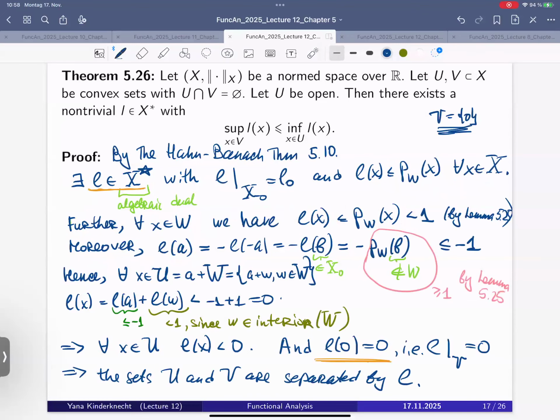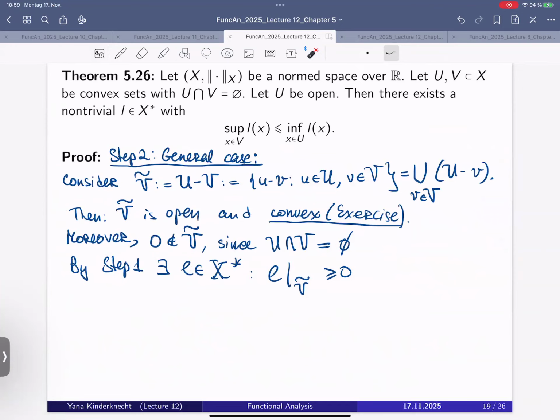Yes, we had two sets, the origin, the zero point, and another open set. And we have separated them by a linear functional L such that for all elements of this open set U, this functional is strictly negative. Of course, if I take minus L, then I get a strictly positive functional.